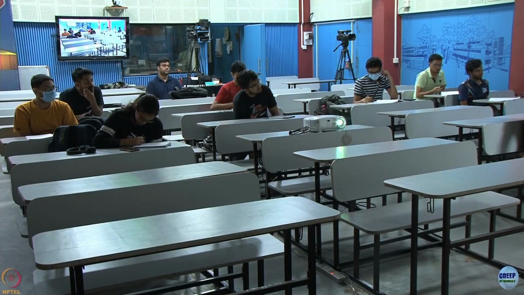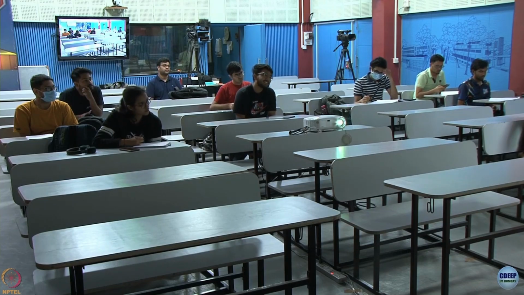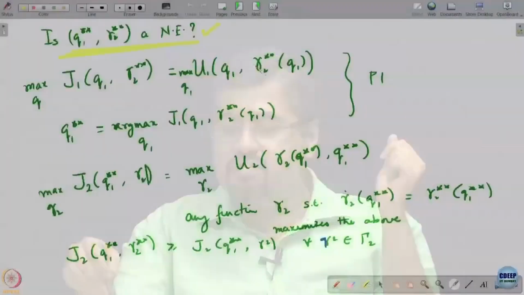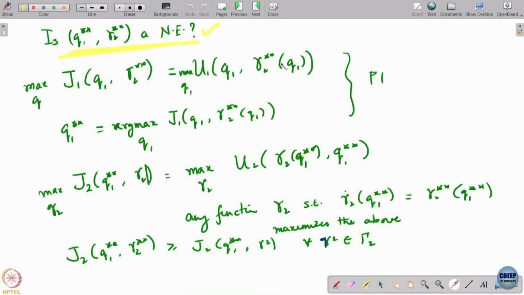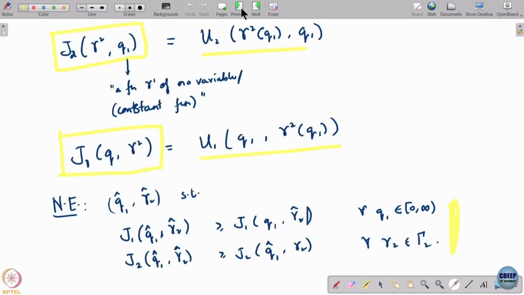Finished your calculation means? As in finish the calculus by putting in it and differentiating again. Not necessarily, because you have to assume a form, right? Yes, you have to see. So if you want to solve these kind of games, you have to first assume a form of dependence. So you will have to basically assume whether Q2 depends on Q1 or not.